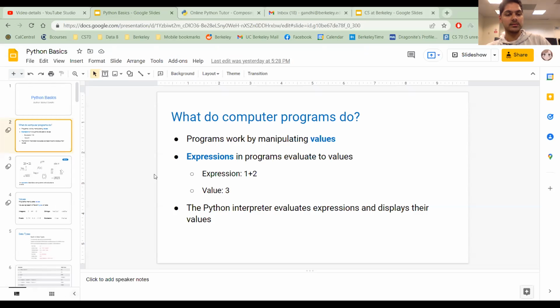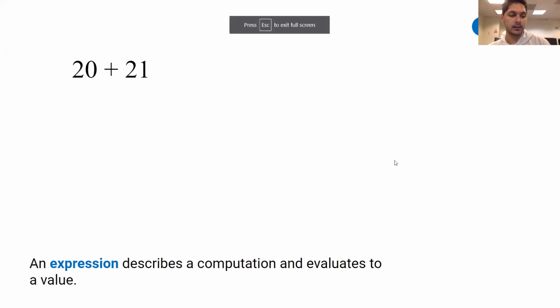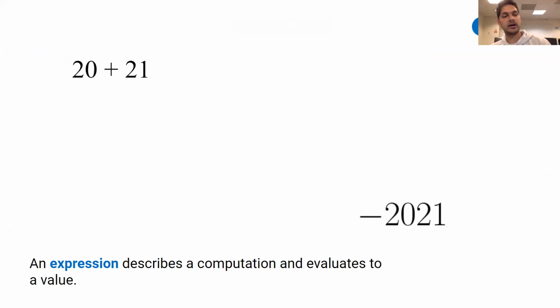So like 1 plus 2, we go into our Python interpreter, and we have the expression 1 plus 2. It outputs the value 3, right? An expression describes a computation and evaluates to a value.